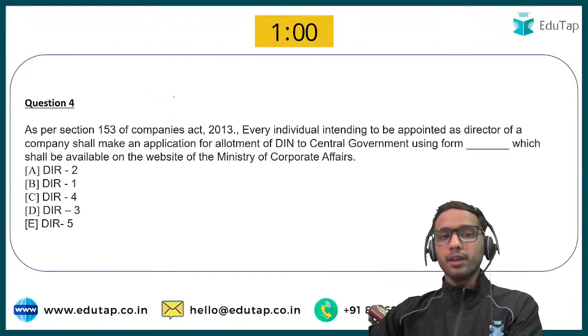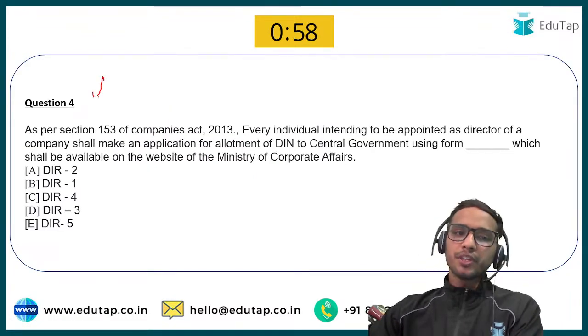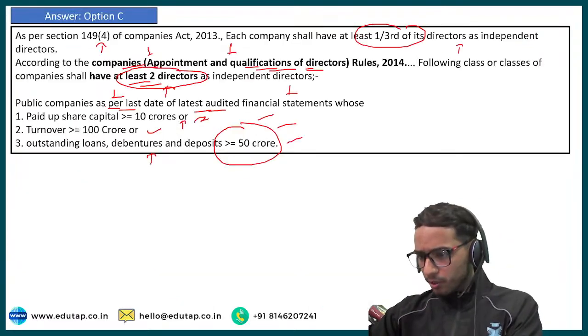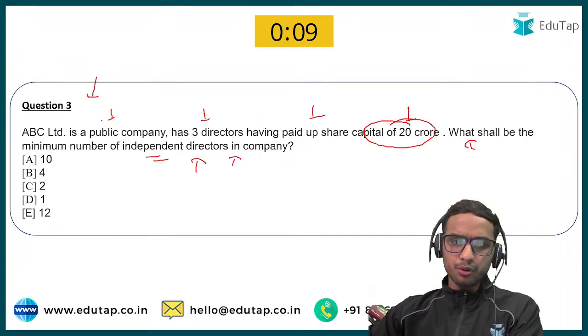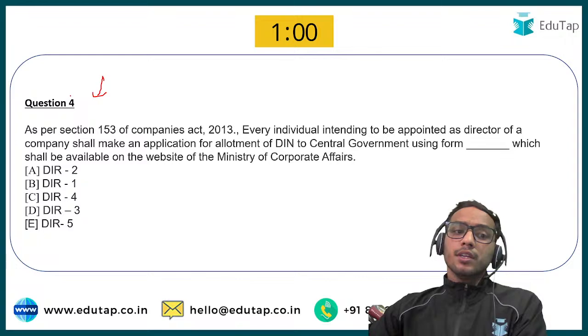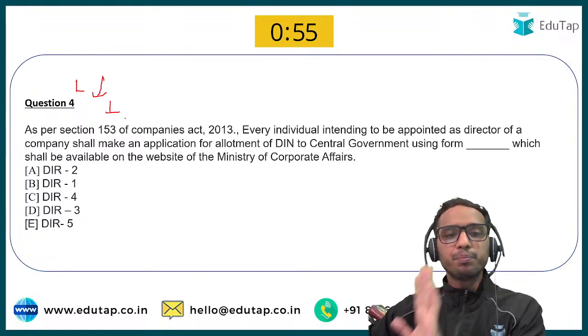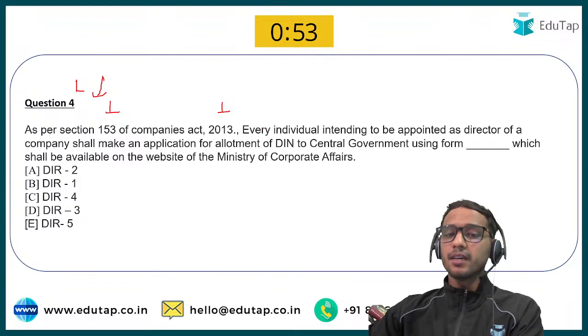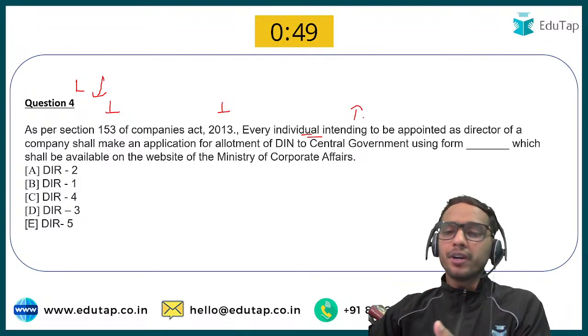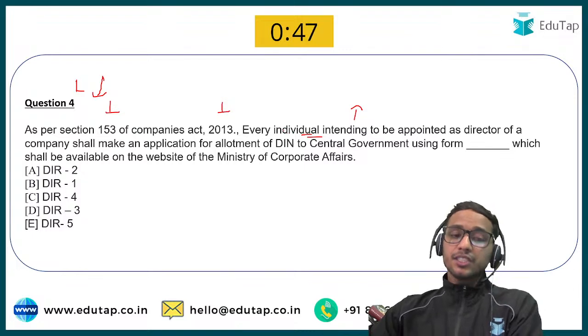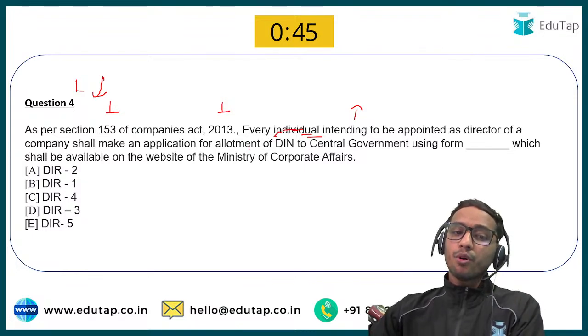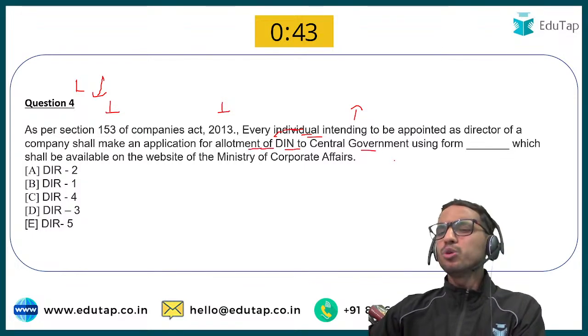Okay, clear? Now let's come to question number 4. I got answers from a few of you on the third question. Question number 4 says, as per section 153 of the Companies Act 2013, every individual that wants to be appointed as a director of a company shall make an application for the allotment of DIN to the central government using the form number.